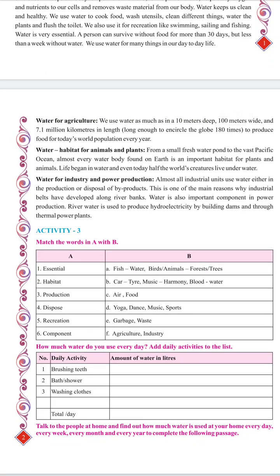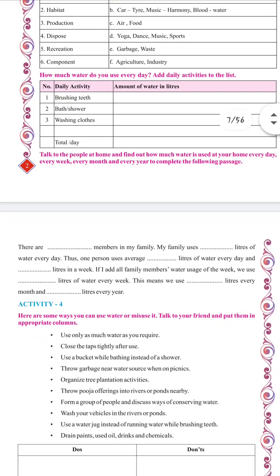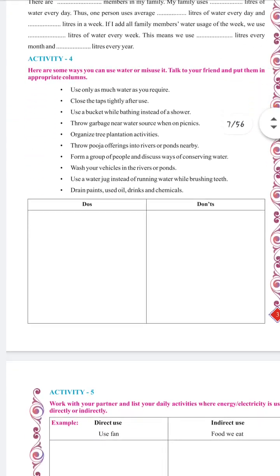After that, we also continued activity number 3, which was matching the daily activities which needed water. After that, activity number 4 gave us some do's and don'ts, and it was asked to us to put them in proper columns of do's and don'ts.